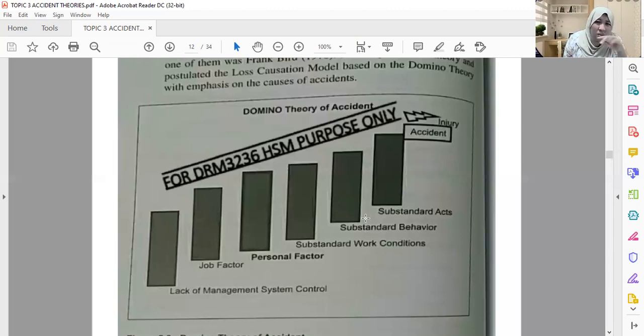Maksudnya dua faktor terbesar ni adalah substandard behavior, unsafe behavior and also unsafe acts. And the last one, there will be substandard acts, which is their action is not according to the standard. So then it will become like you can see like a thunder here, a storm here, all of a sudden becomes an accident and it becomes injuries.